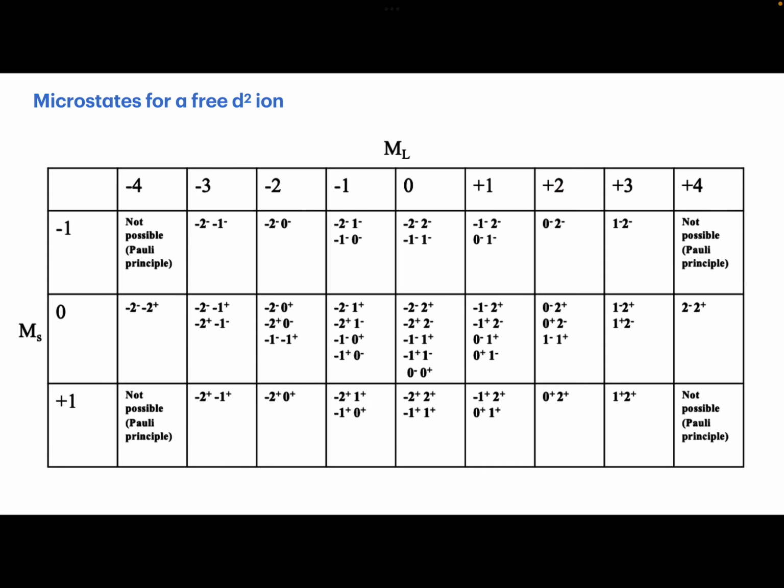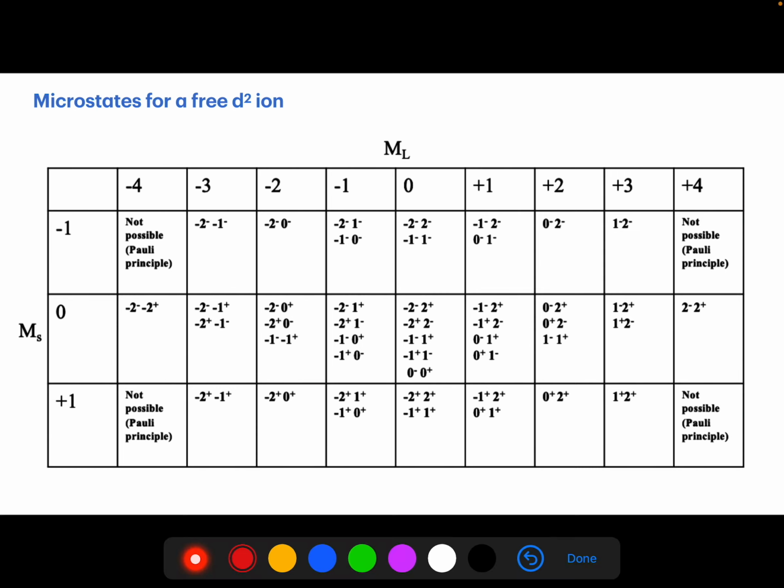So for the possible microstates and the overall number of microstates for a free ion with d2 electronic configuration, we can express it in a microstate table. Here you can simply do ml slash ms, or vice versa, so you can define your table by yourself.